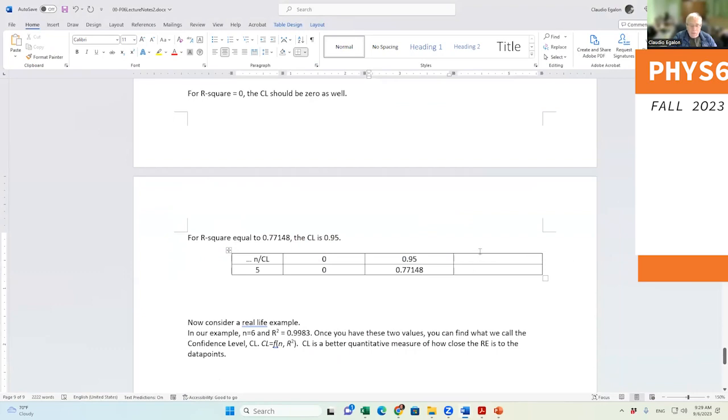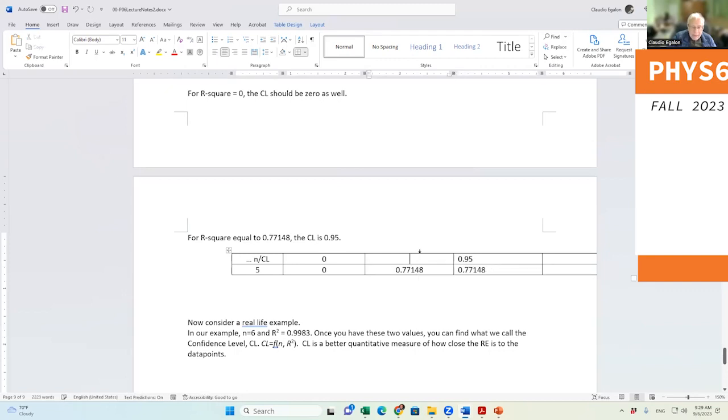Okay, so I don't need this column. Oh, well, I need something else. Yes, I need that column. I'm going to do it in the following way. I'm going to put this one right here and right here.